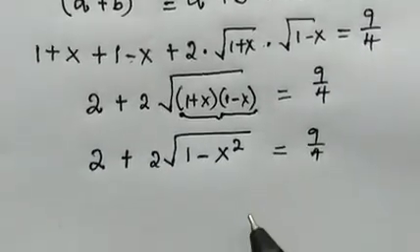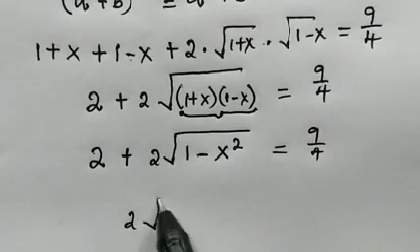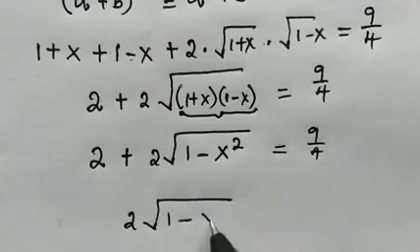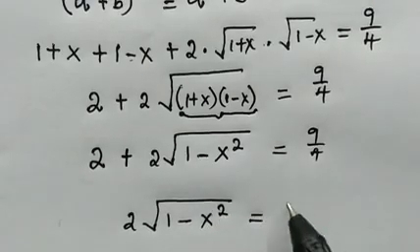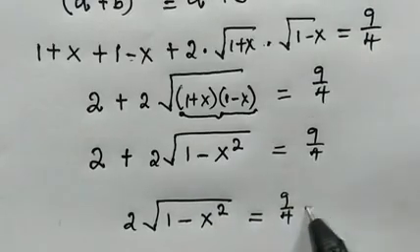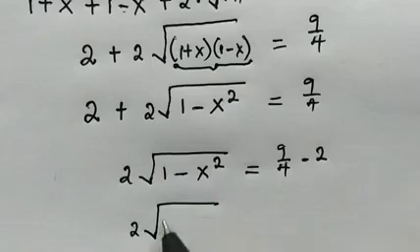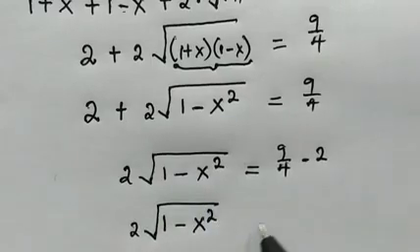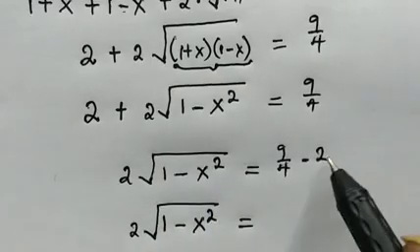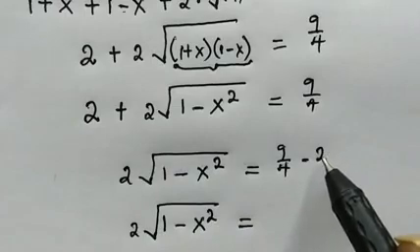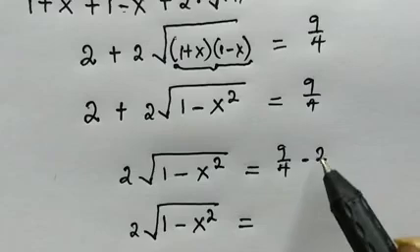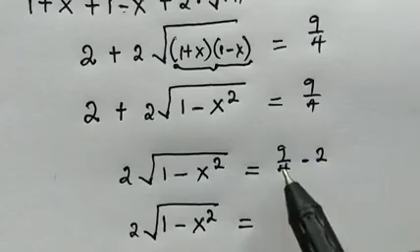Now subtract 2 from both sides, so we get 2 times the square root of 1 minus x squared equal to 9 over 4 minus 2. Remember this 2 here is the same as 8 over 4.